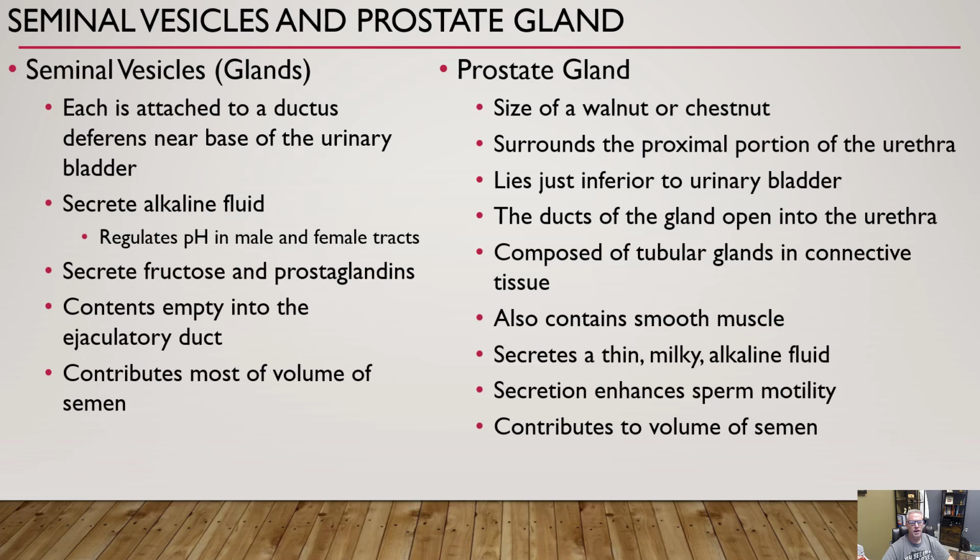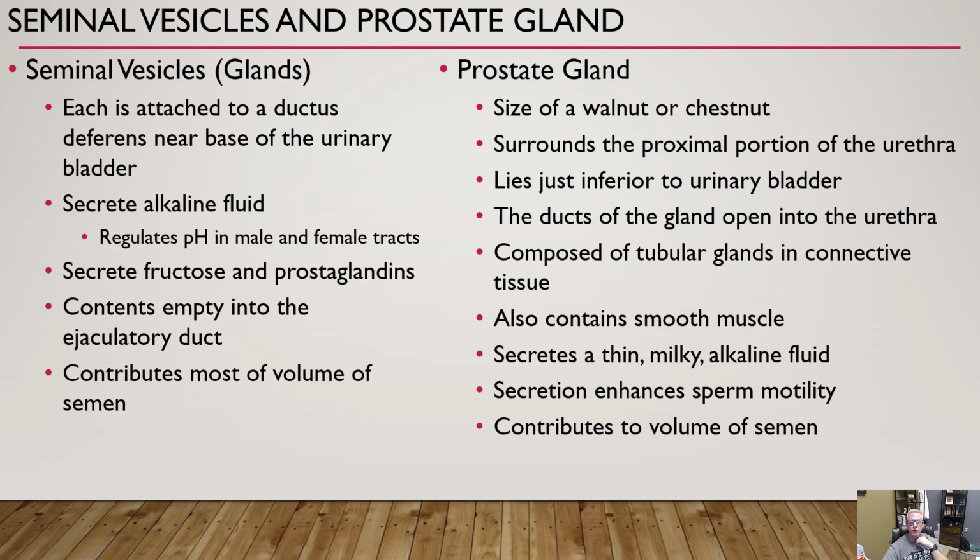Seminal vesicles are also glands, and they're attached to the ductus deferens or vas deferens near the base of the bladder, and they secrete a basic or alkaline fluid. Remember, it's above pH 7.0. Actually, I lied, a pH of 7.2 to 8.0 is the pH of your seminal fluid.